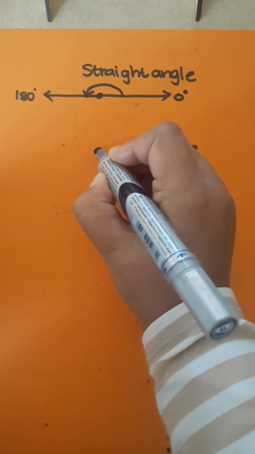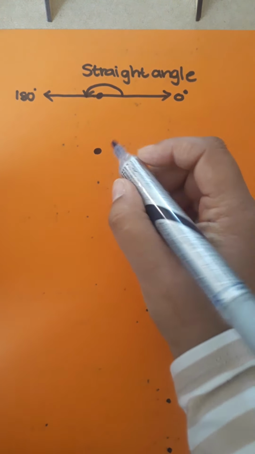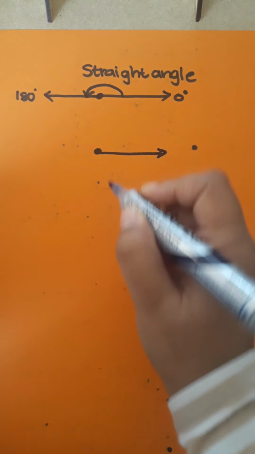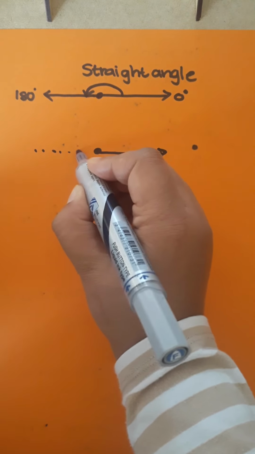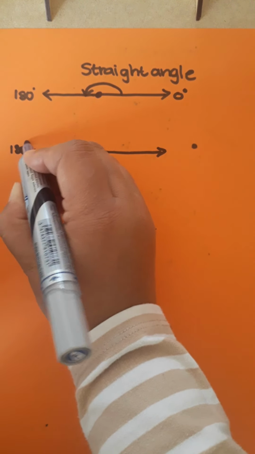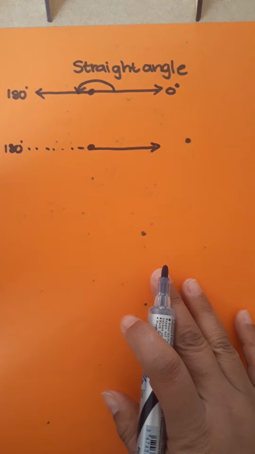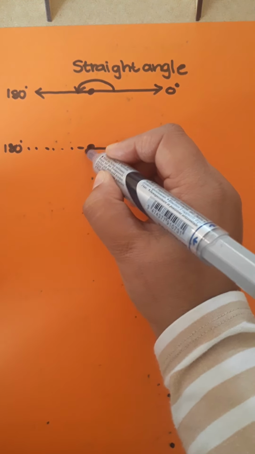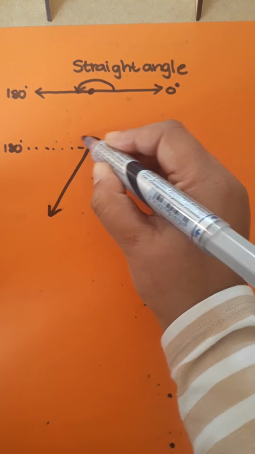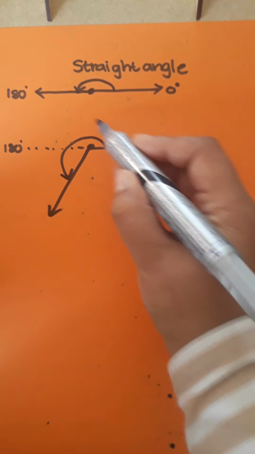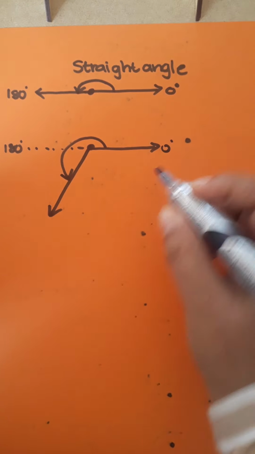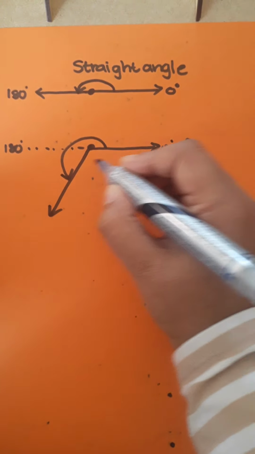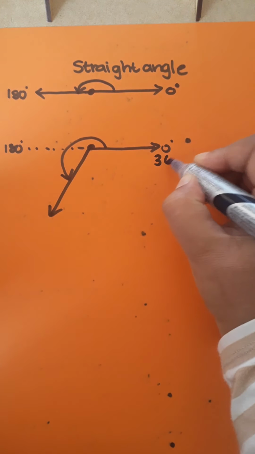A reflex angle is formed when we have two rays, right? I'm just showing you where 180 would be represented on the protractor. And if I draw anywhere along here and I form an angle, look at what's happening here. This is 0 degrees. An angle that is greater than 180. And if I come right back here, it forms 360, all right?